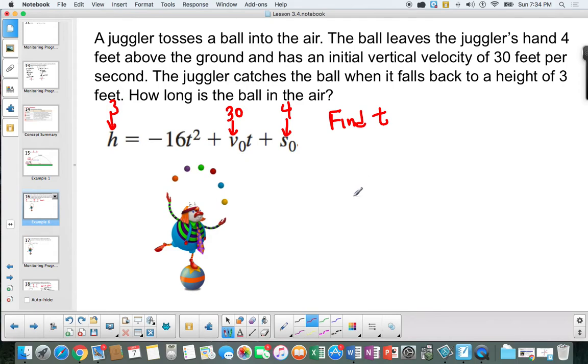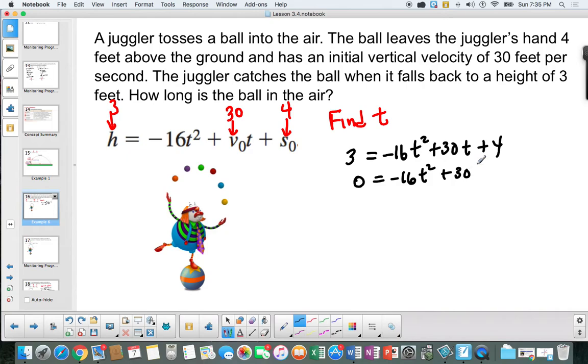Okay, so we're going to go ahead and write the numbers. So this is going to be 3 equals -16t squared plus 30t plus 4. I'm going to take everything to one side. And this will be plus 1.